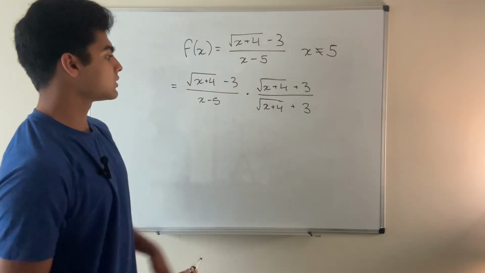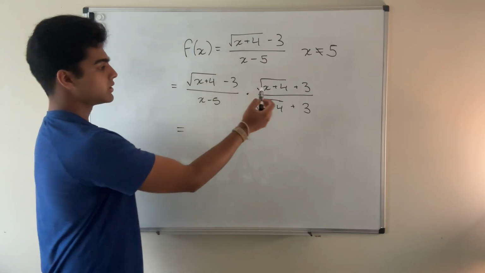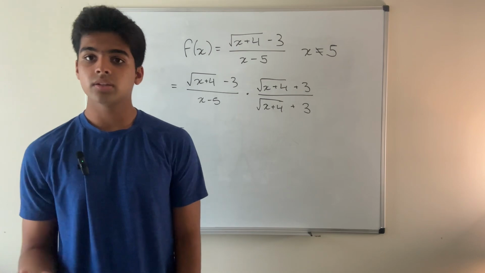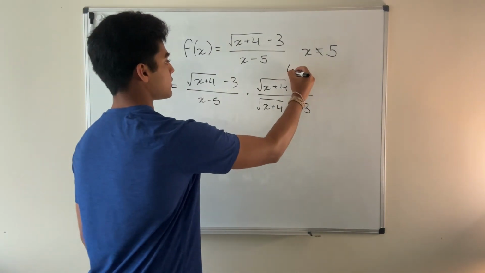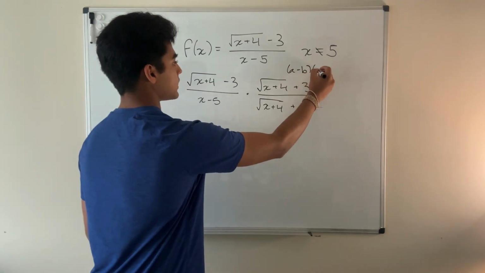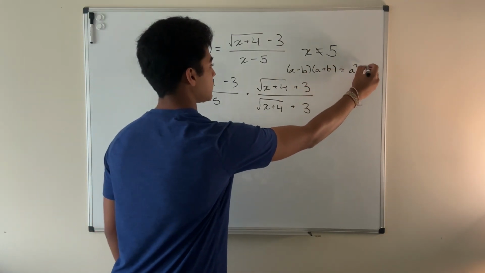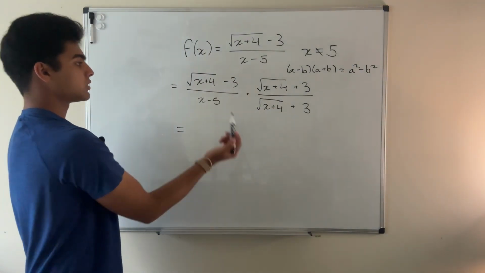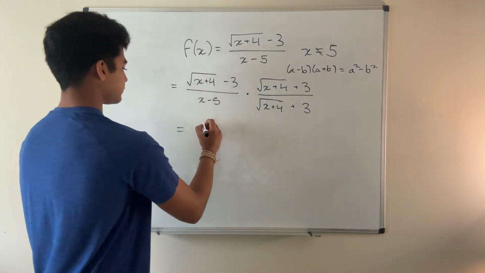So now we're going to simplify this. This is in the form a minus b times a plus b, which we know equals a squared minus b squared. I can write that over here too: a minus b times a plus b equals a squared minus b squared. Our a in this situation is root x plus 4, so a squared is just going to be x plus 4.